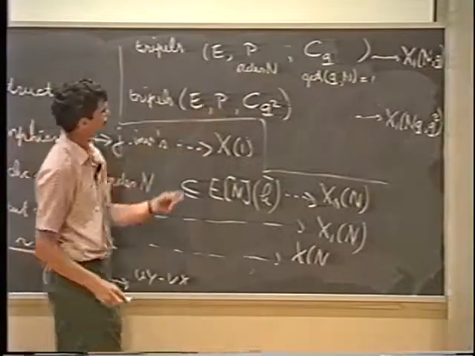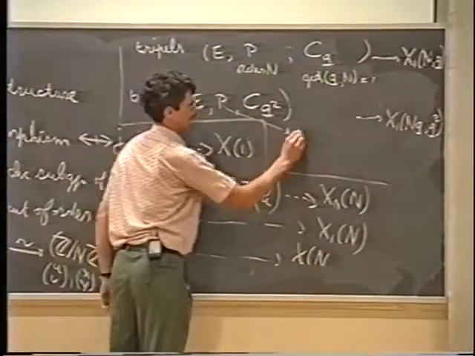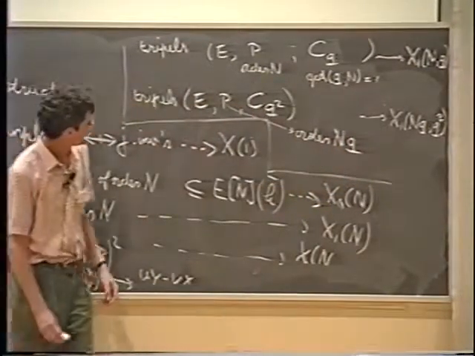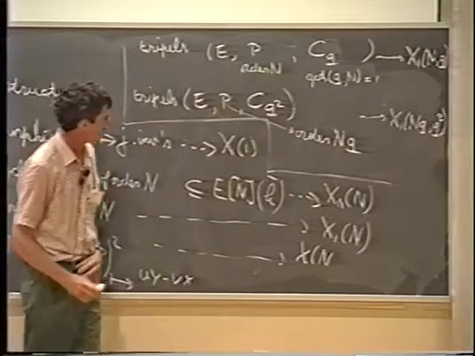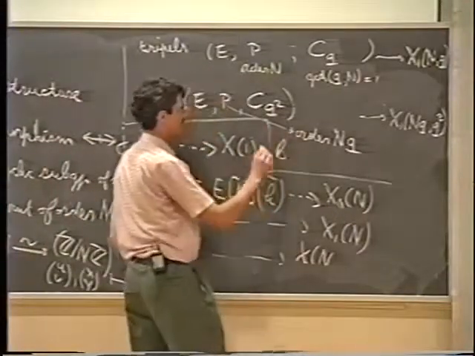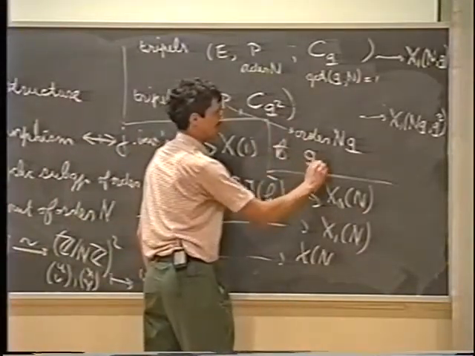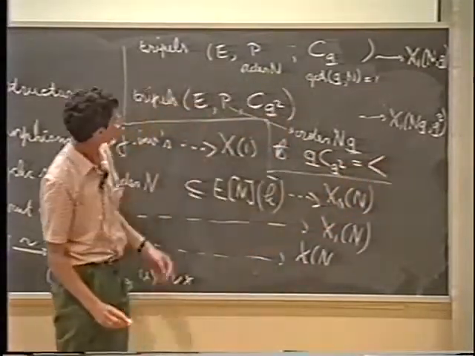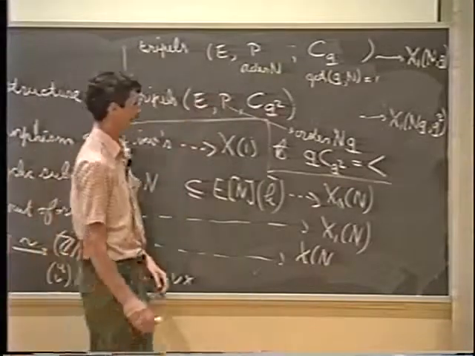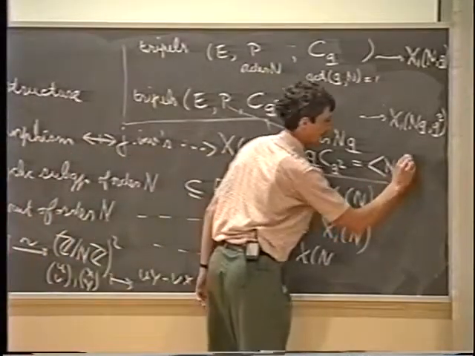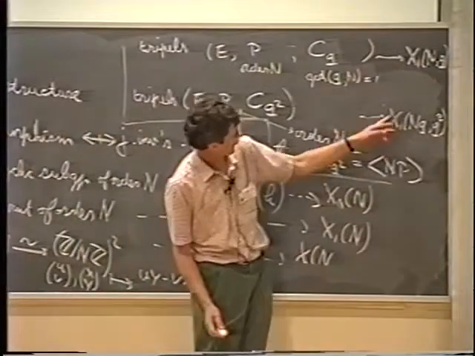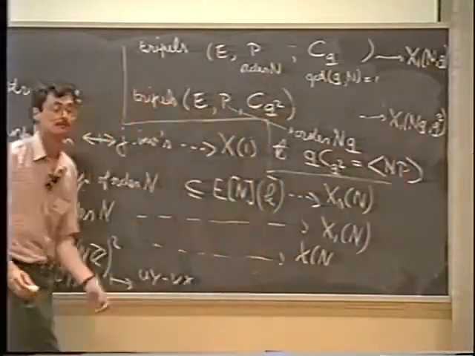But now this P has order n times Q. And there is a relation between the two, namely if I multiply the subgroup by Q, then I get the same subgroup that I get when I multiply this point by n and take the subgroup it generates. So this is a modular curve which in Weil's paper is called X1 of nQ and Q squared.